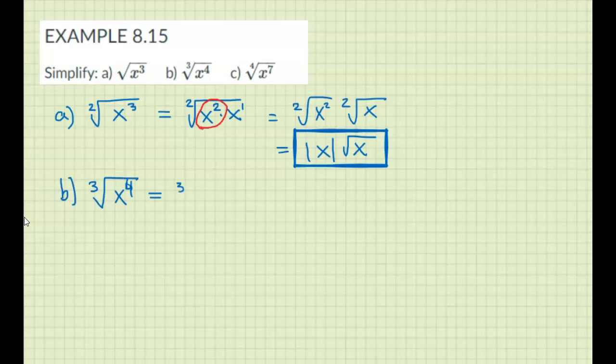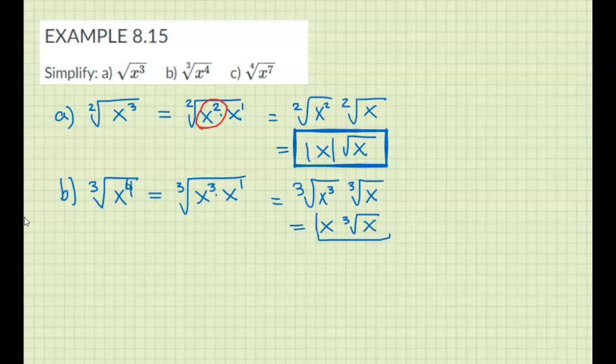I can write 4 as 3 plus 1, so x to the 3 times x to the 1. This divides by 3, and this is left over. So we have the cube root of x to the 3 times the cube root of x to the 1. These divide, and I get x to the 1 times the cube root of x. No absolute values because that's an odd power, odd index.